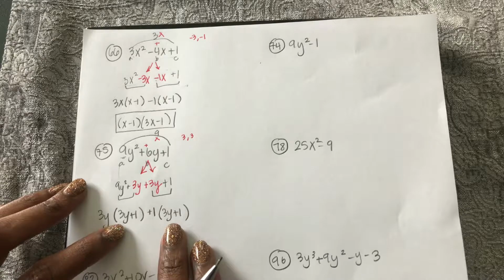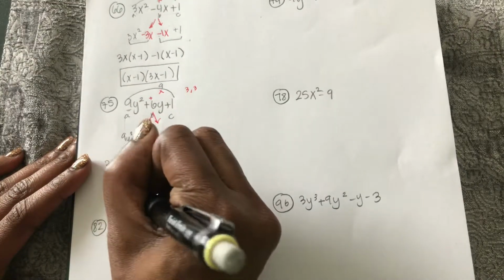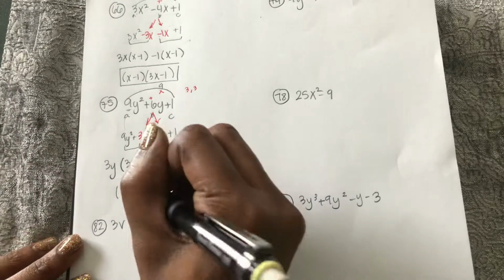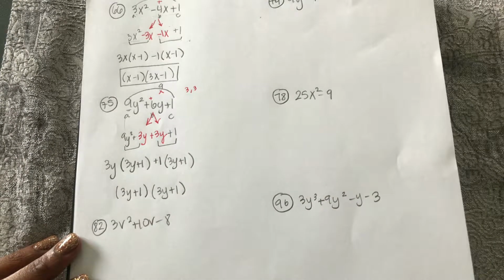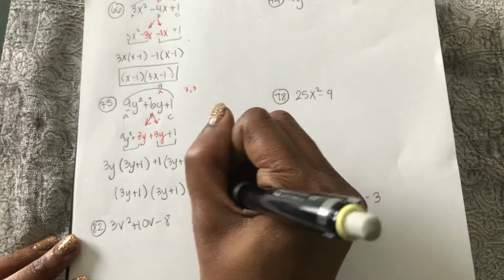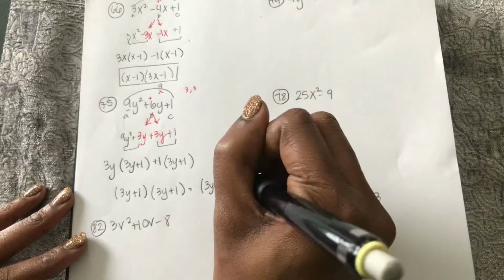I see we have a binomial GCF of 3y plus 1. I'm going to factor that out. And what's left over are the two original GCFs, 3y plus 1. So now remember, 3y plus 1 times 3y plus 1 can be written using exponents, 3y plus 1 squared.